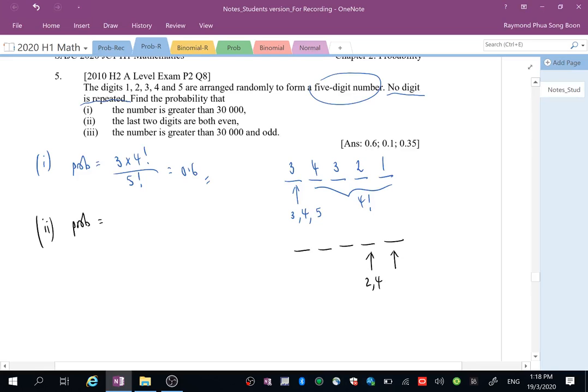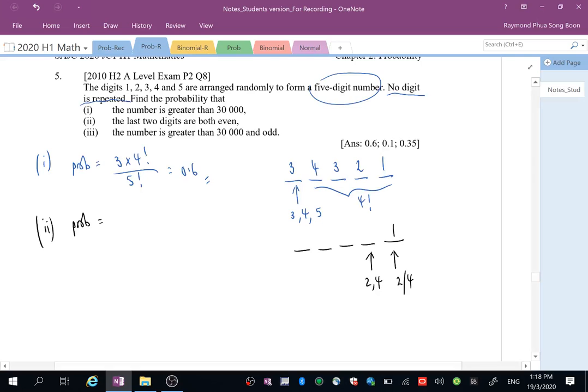Then for the last digit, if the digit 2 is already chosen, then you are only left with the digit 4. Or if the digit 4 has been chosen already for the second last digit, then you're only left with the digit 2 for the last digit.